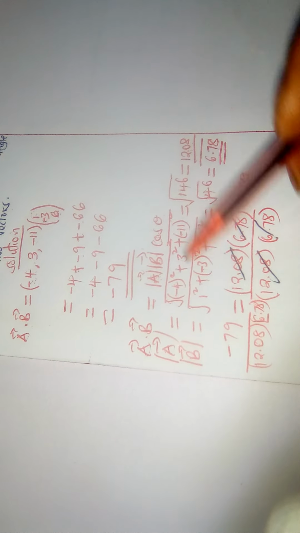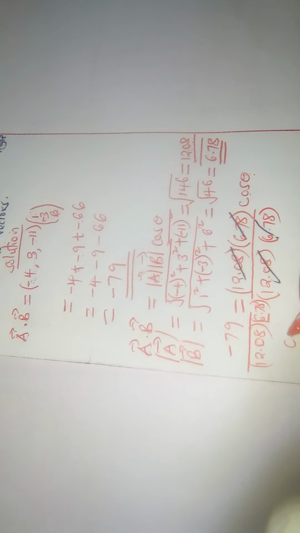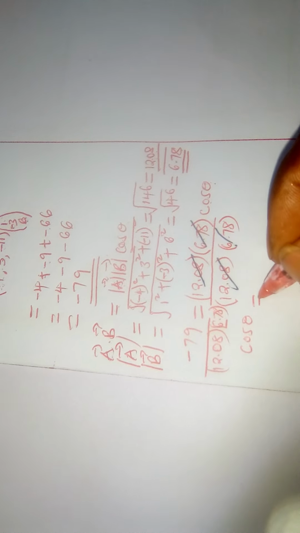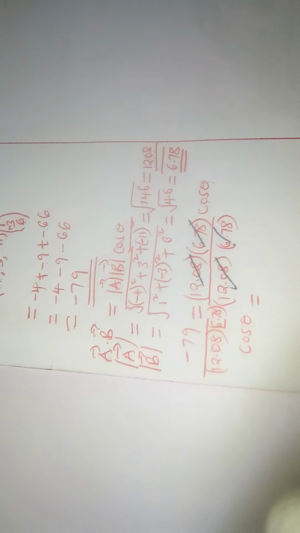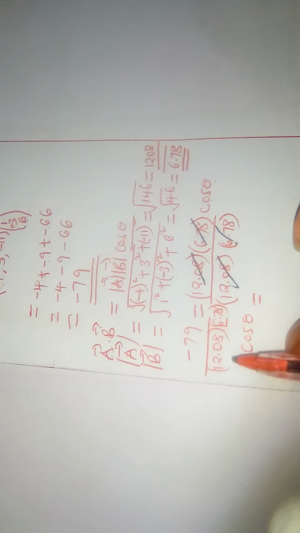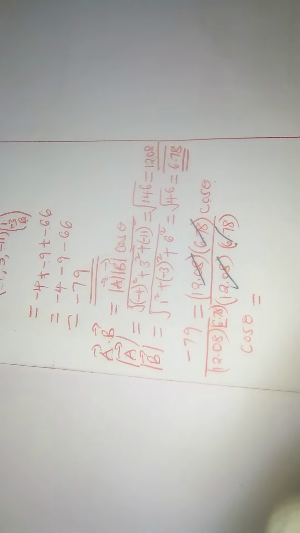So cos theta is now equal to, when you simplify, 6.78 multiplied by 12.08, which gives something like 81.93.